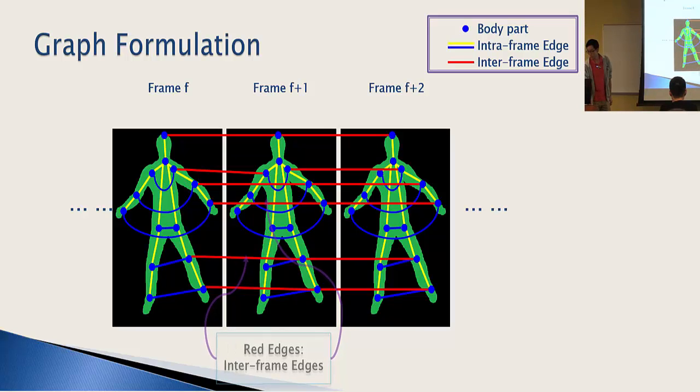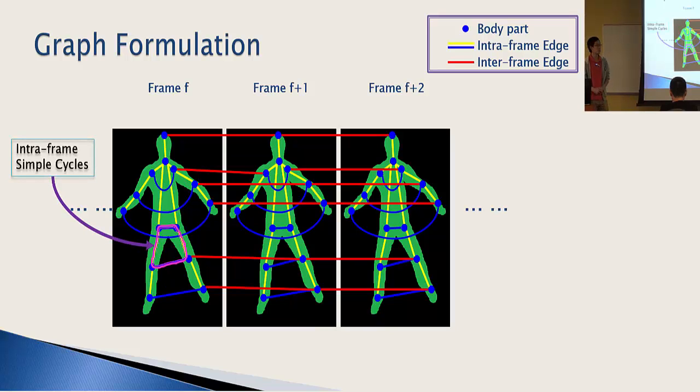And if we examine this graph carefully, we will see that there are a lot of simple cycles. For example, this cycle is within one frame. We call it an intra-frame simple cycle.